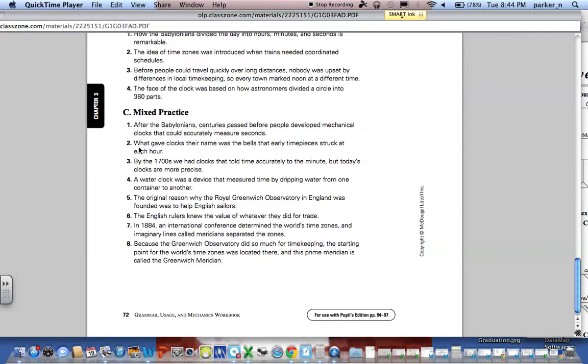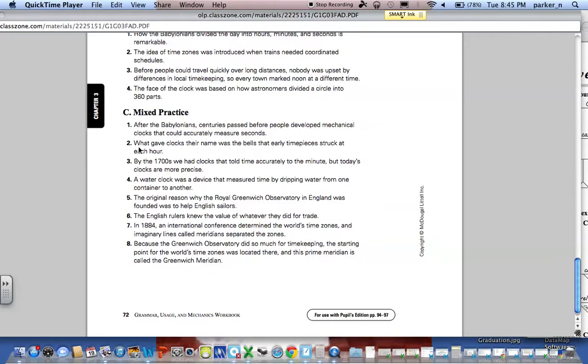After the Babylonians, centuries passed before people developed mechanical clocks that could accurately measure seconds. Centuries passed is going to be your first subject and verb. Before people developed mechanical clocks, that could accurately measure seconds.